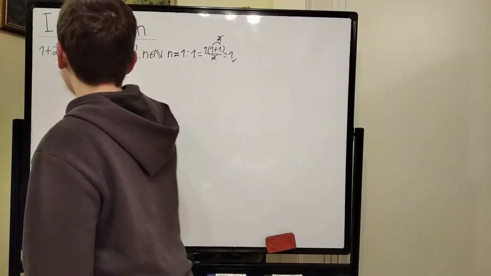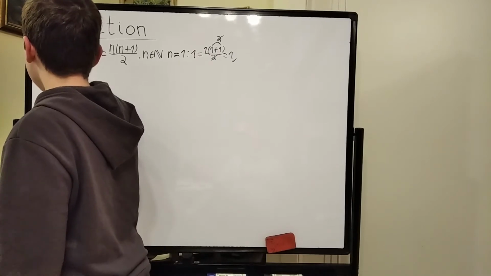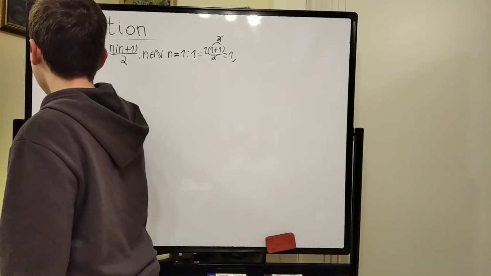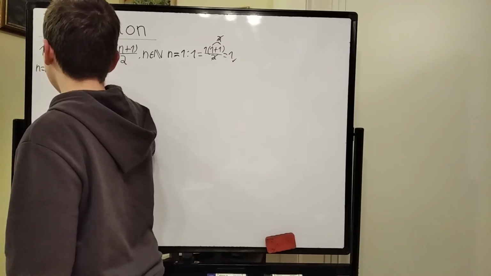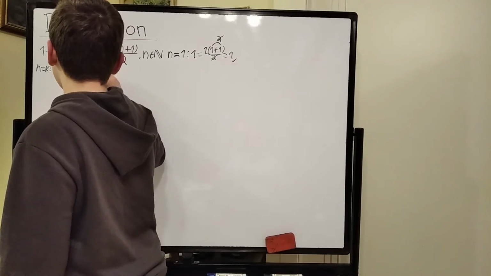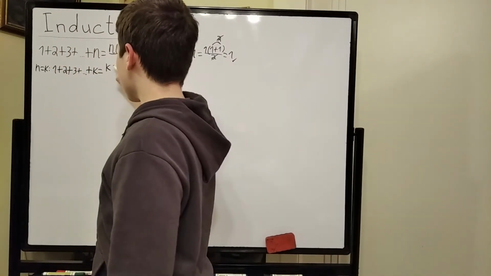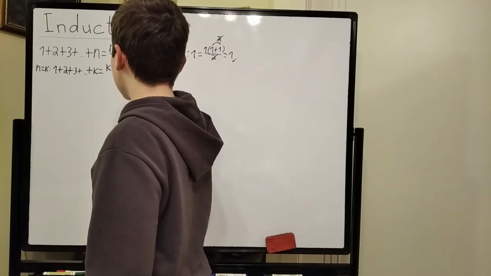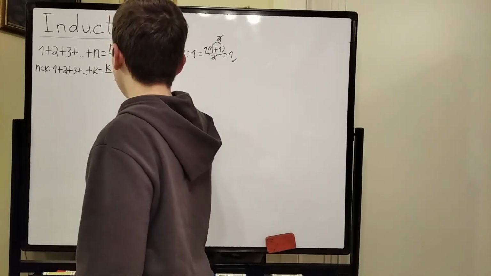So, the induction hypothesis, we assume that it's true for n is equal to k. AKA, assume that for specific natural number k, we have 1 plus 2 plus 3 plus all the way on to k is equal to k times k plus 1 over 2.